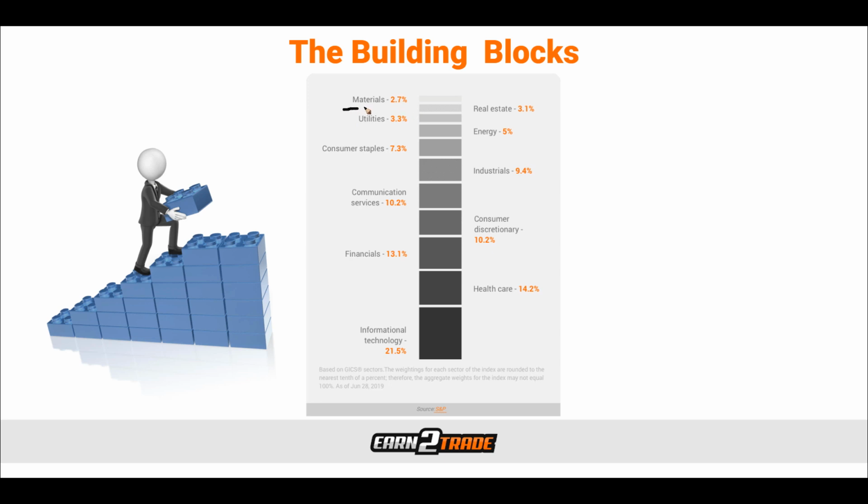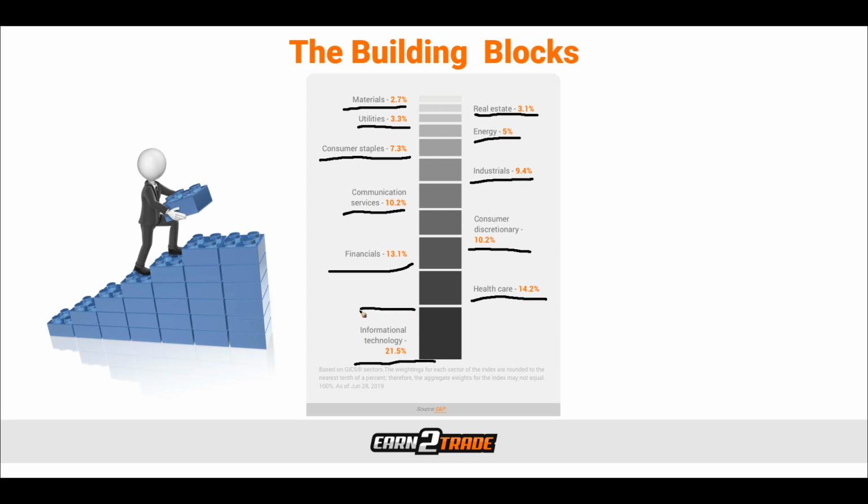We have materials representing 2.7%, real estate being 3.1%, utilities 3.3%, energy 5%, consumer staples 7.3%, industrial 9.4%, communication services is starting to get pretty big here, 10.2%, consumer discretionary 10.2% as well, then financials 13.1%, healthcare 14.2%. Would you look at that? Despite our terrible healthcare system in this country, it's doing wonderful in the S&P 500. Then we have information technology as the biggest sector of them all, and that is going to be things like Apple, etc.